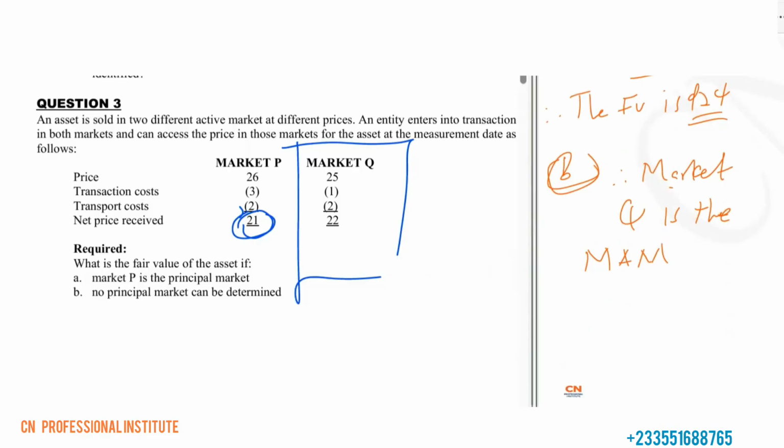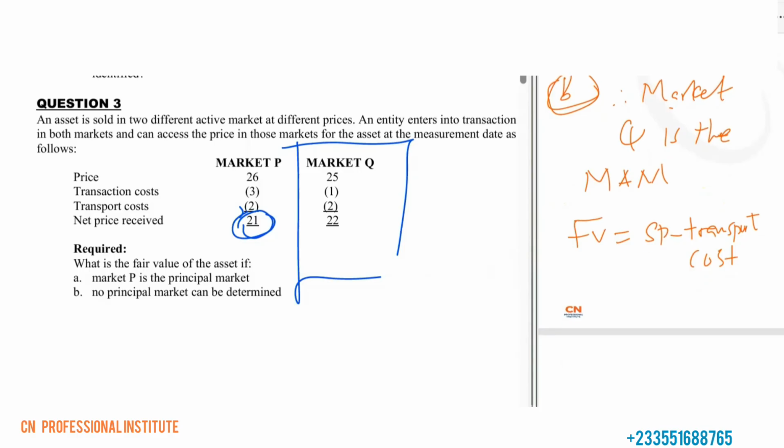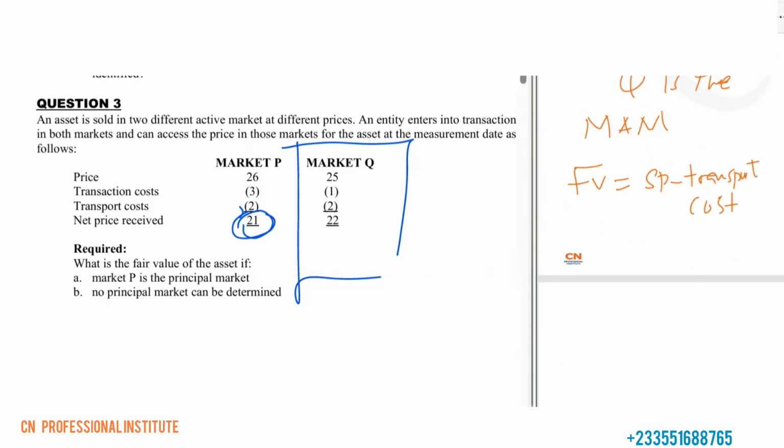All right. So we just go there, the same formula, fair value is equal to your selling price minus your transport cost. So what is your fair value there? The selling price in market Q is 25, transport is 2, right? So 25 minus 2, which gives us 23 Ghana cedis.